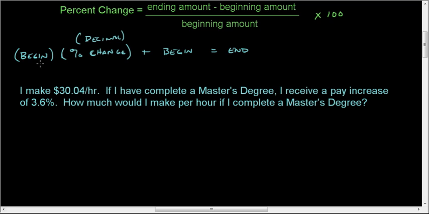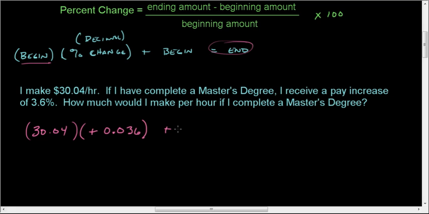And so to do that, we notice that we're finding some sort of end. And so I take my beginning amount, which is $30.04, and I multiply that by my percent change. It is increasing, so it is positive. And the decimal for 3.6% is 0.036.